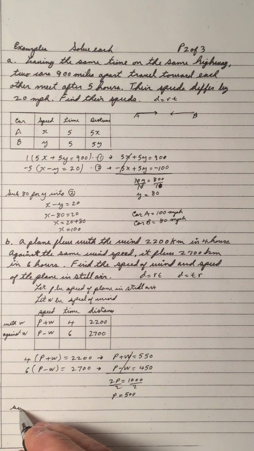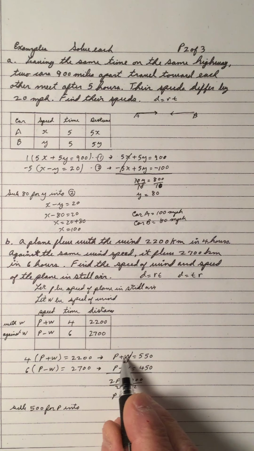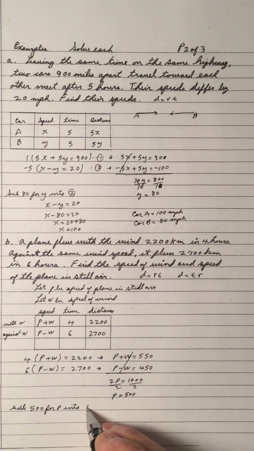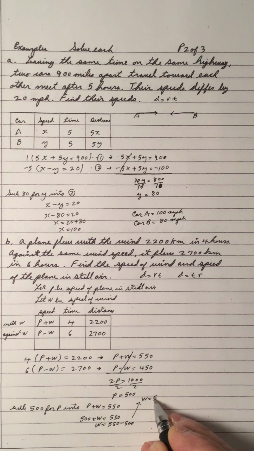I would sub 500 for P into P plus W equals 550, because 500 plus W equals 550. So W is 550 minus 500, so W is 50.